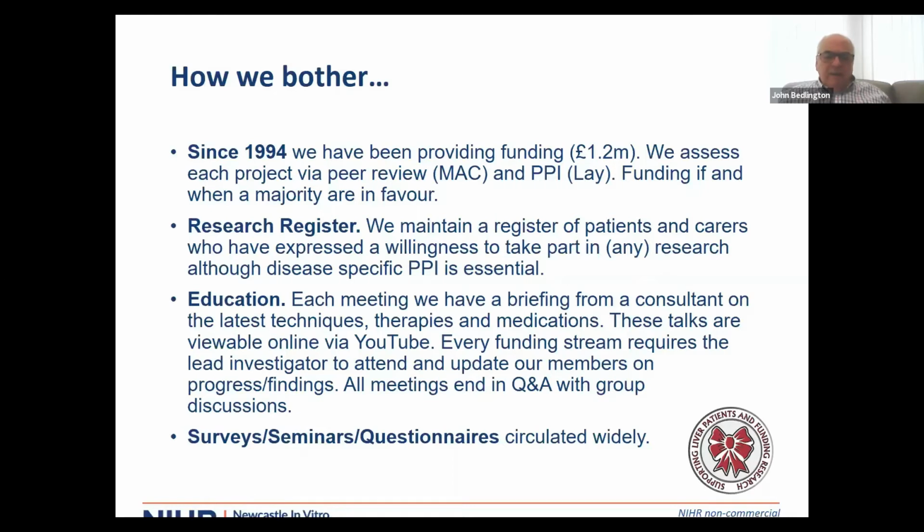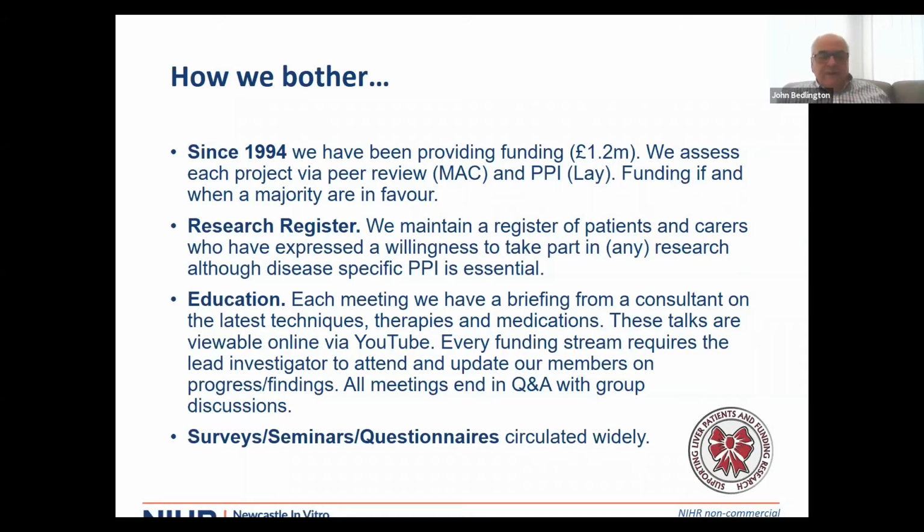The condition of our funding is that the lead investigator attends to give us a talk and to update us and to answer any questions from people, a lot of whom it attracts people who have participated in the research, who will turn up to listen to the presentation and ask questions about what happened to their piece of involvement.